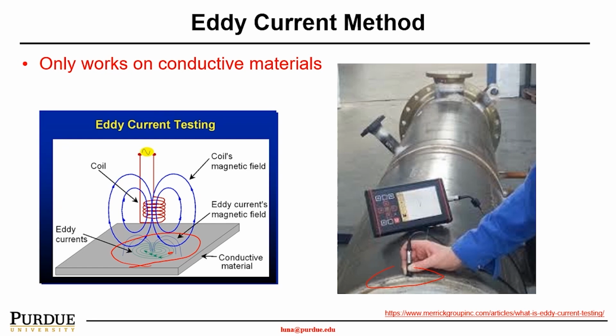So your real part, which is your R, and your imaginary part, which is your X_L, or some people say it's reactive inductance, will change. Your probe impedance will change. By looking at this change, we can understand if there is a crack.